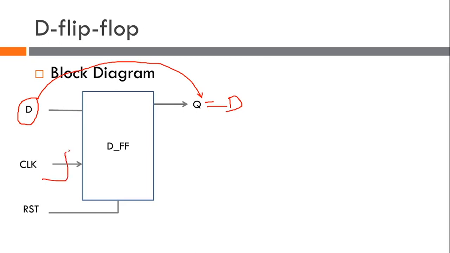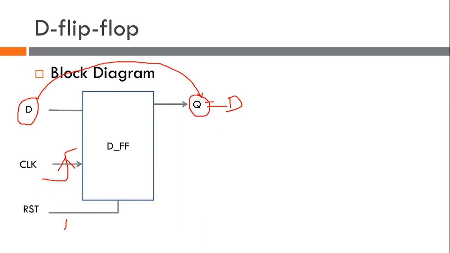When there is a rising edge of the clock, your input goes to output. That is that much simple. So you can write the condition: if clock is rising edge, Q becomes D. Else, if clock is not rising edge, then Q should hold its previous state.